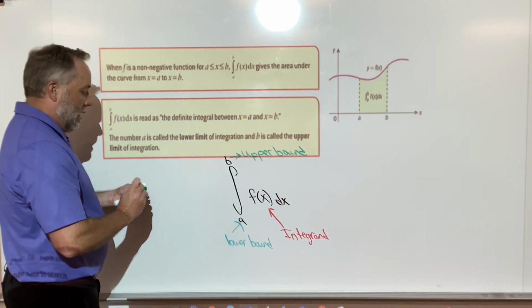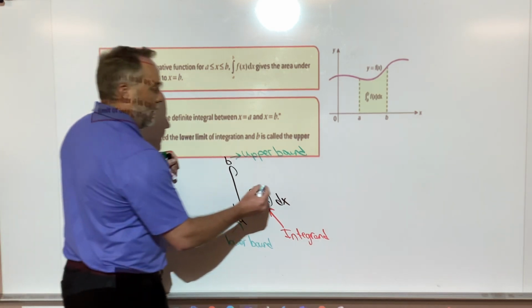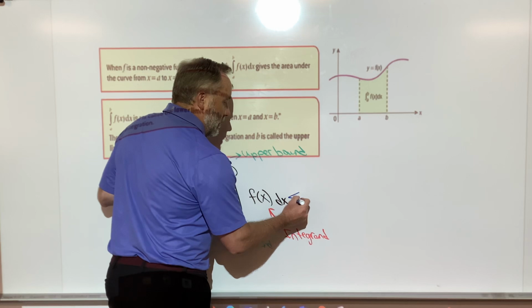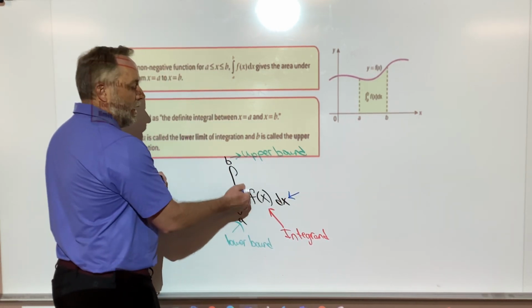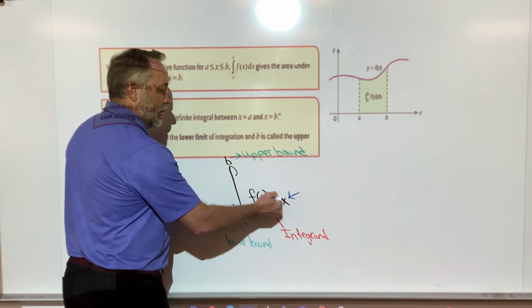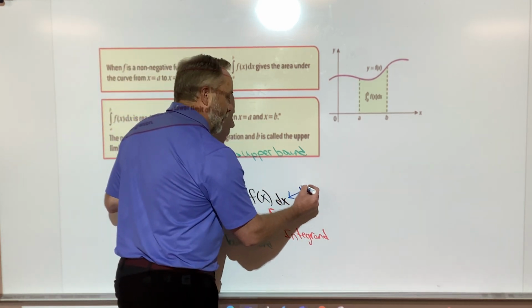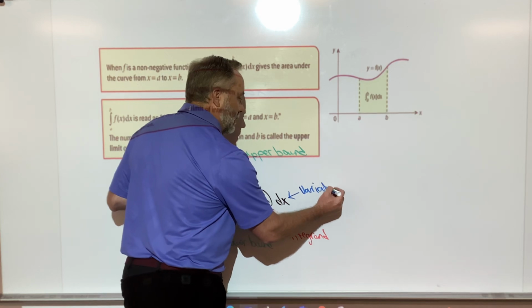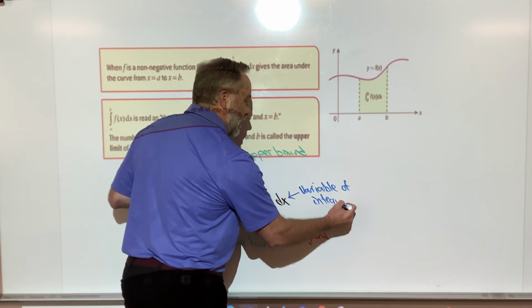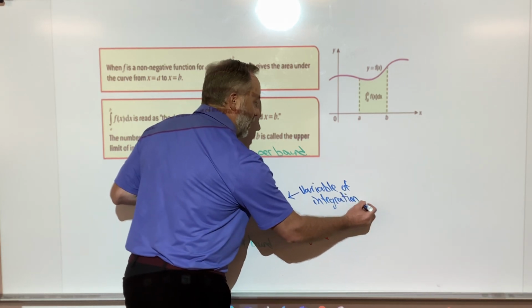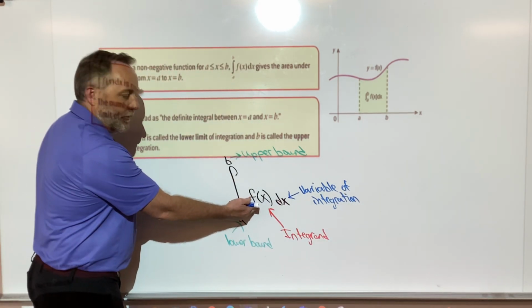So the variable for which we're taking the integration is just there. If this was f of t, we'd say dt. If this was f of s, it would be ds. So this is the variable of integration. And that's just a bit of notation there. But we're finding the area under whatever f of x is.